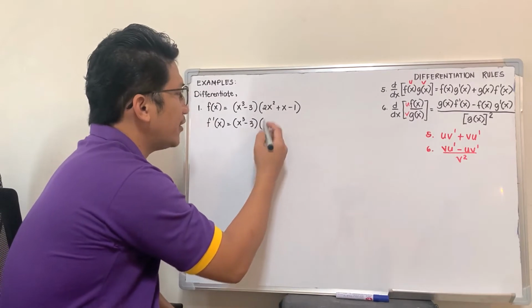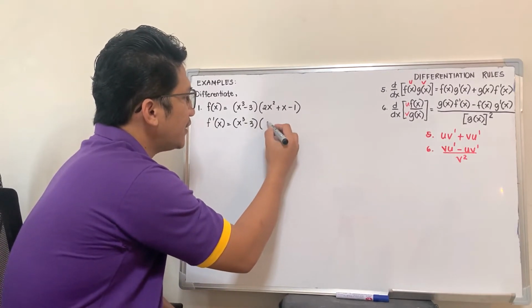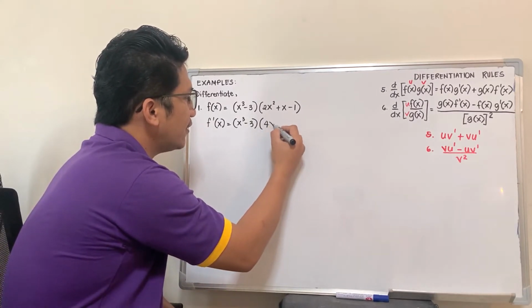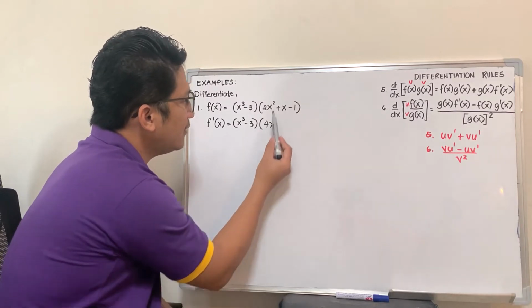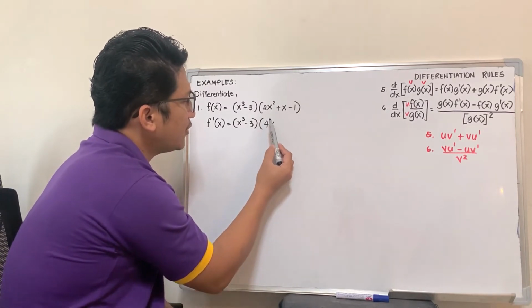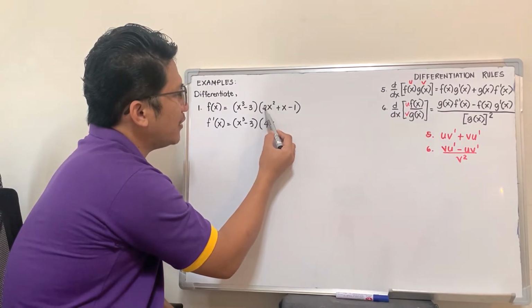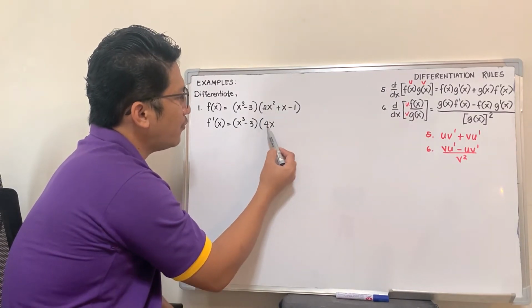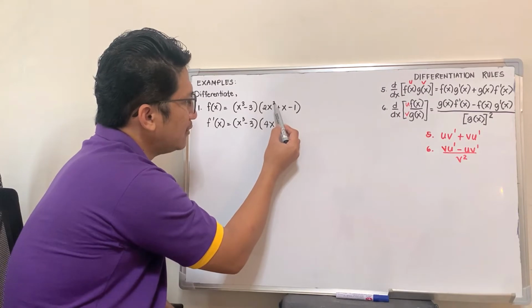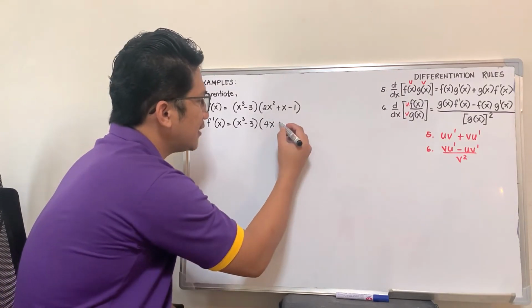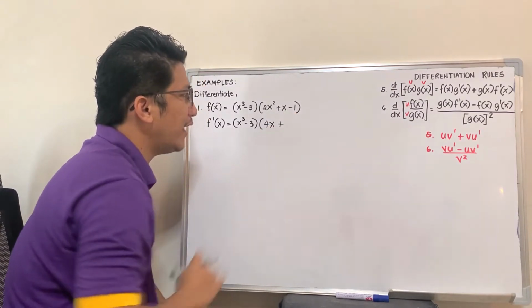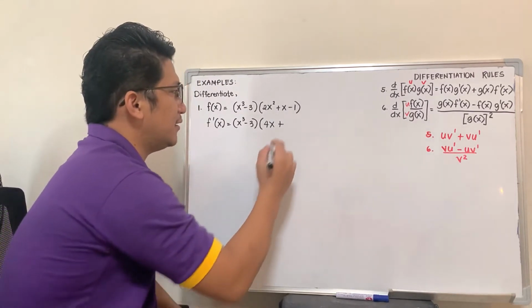So, this is now your 4x. Pwede rin natin i-multiply dito para mas madali, ang exponent, i-multiply sa numerical coefficient. Okay? So, 2 times 2 is 4. Minusan mo ng 1, so 1 na lang. Okay? Plus, derivative sa ito ang x, it's always equal to 1. Okay?